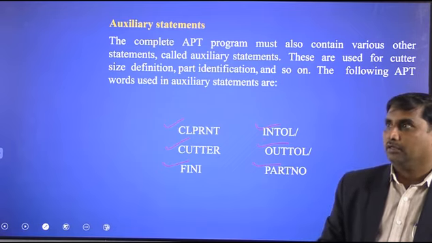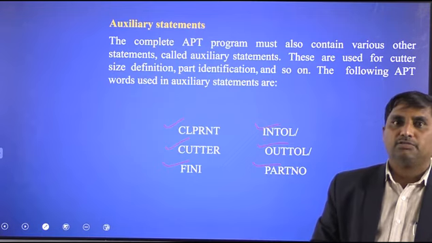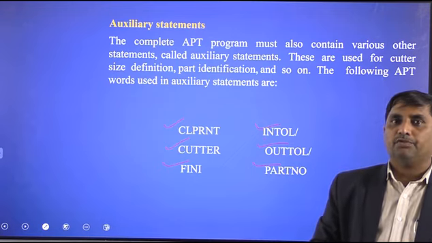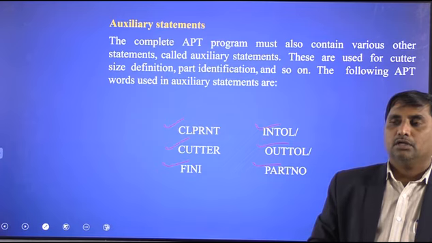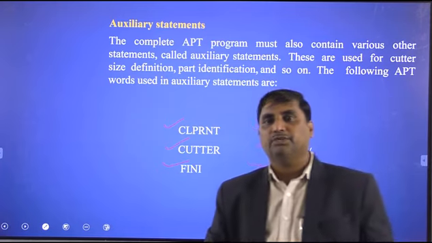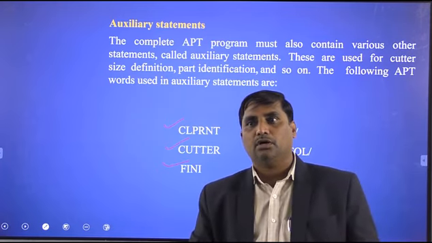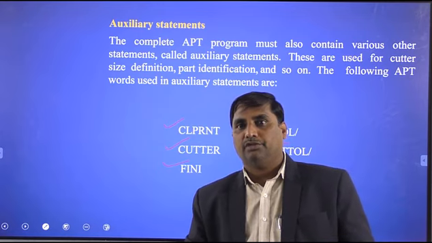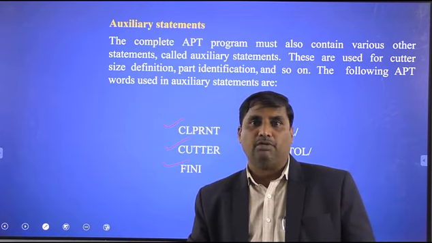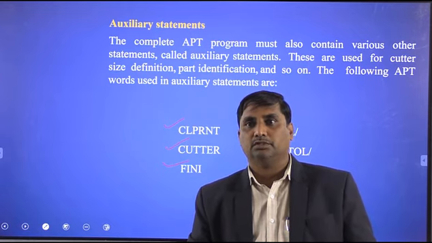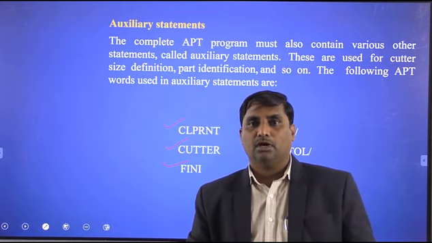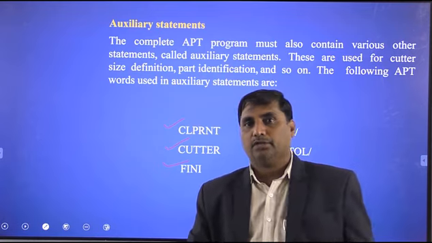In the next class, I will explain manual part programming with one example. After that, I will explain the different types of CNC machines: computer numerical control, direct numerical control and conventional numerical control, with a comparison. Then within 2 classes we can conclude this coding. Thank you very much.